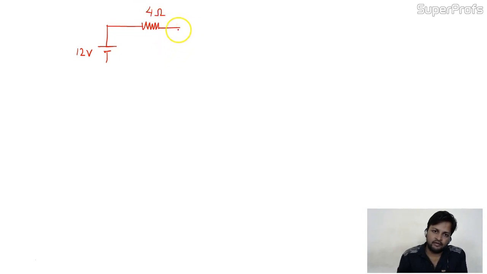So the given question is, this is 12 volt, sorry, 4 ohm resistor. Okay, fine. Next, dependent source, voltage source, value is given as 2V0. So you remember which type of dependent source this one is? Voltage controlled voltage source.